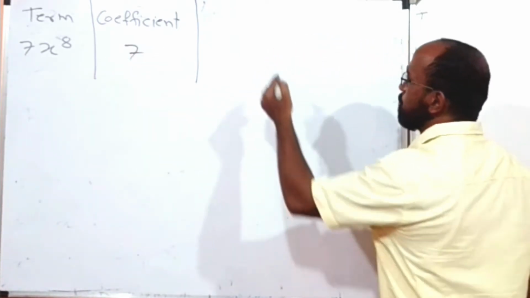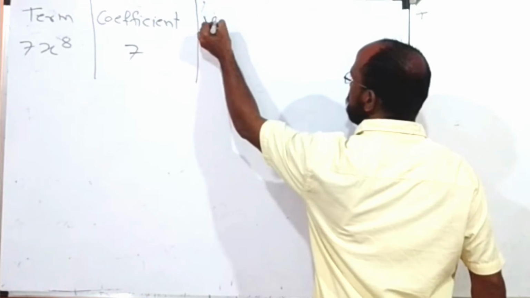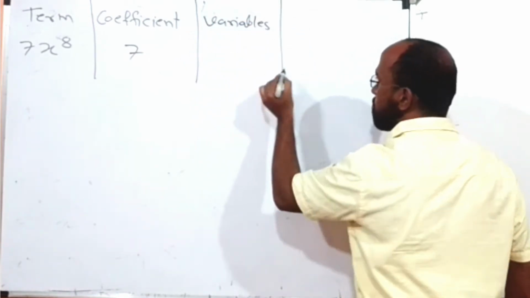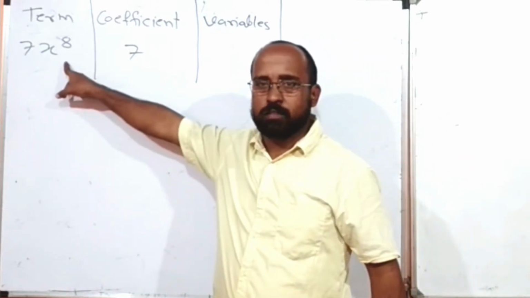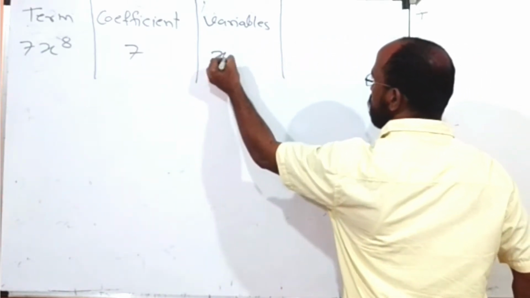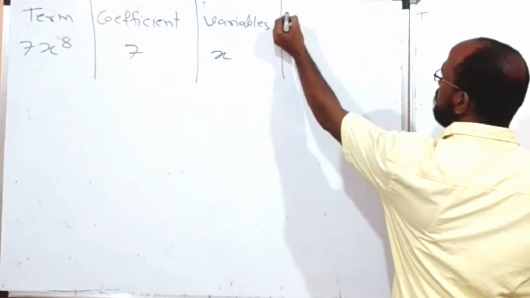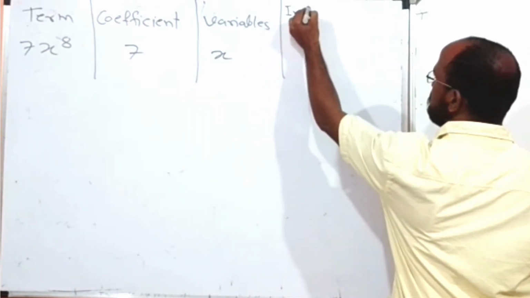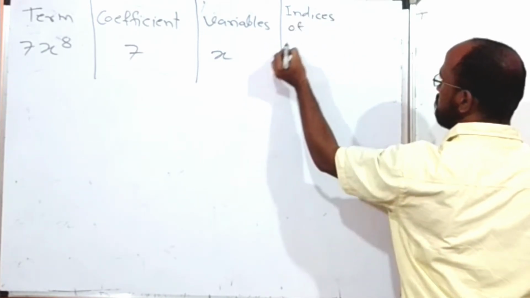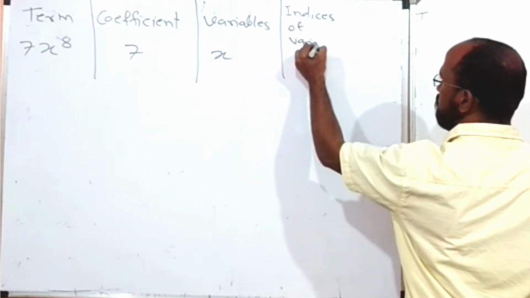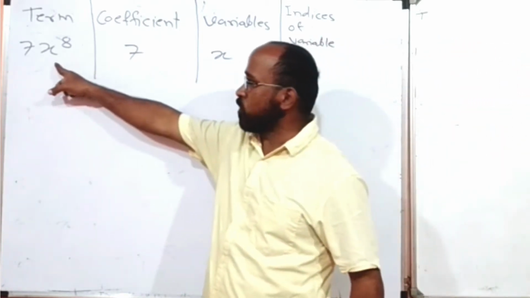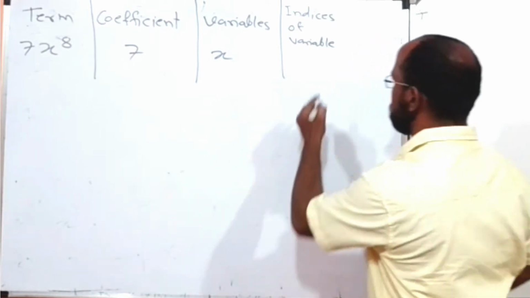Then identify the variables in it. In this term, the variable is x. Write down the indices of variables. So the index of this x is 8.